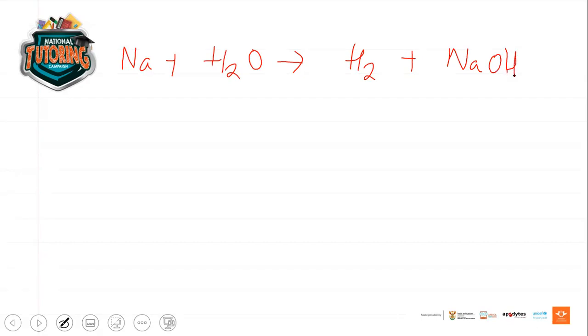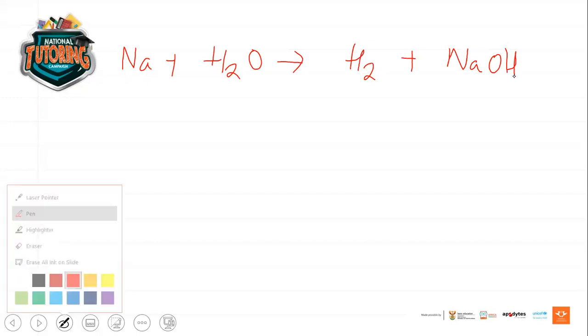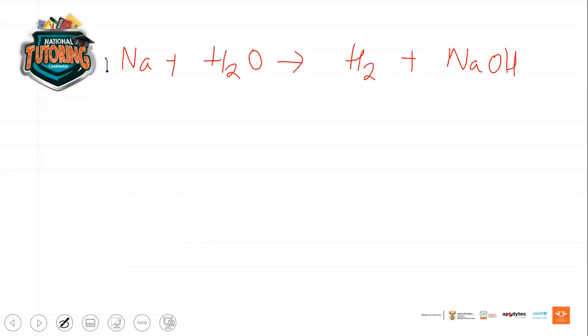Let's check if it's balanced. We've got 1 sodium on the left, 1 sodium on the right. We've got 1 oxygen on the left, 1 oxygen on the right. We've got 2 hydrogens on the left. We've got 2 here plus 1 there, so it's 3. So our hydrogens are not balanced.